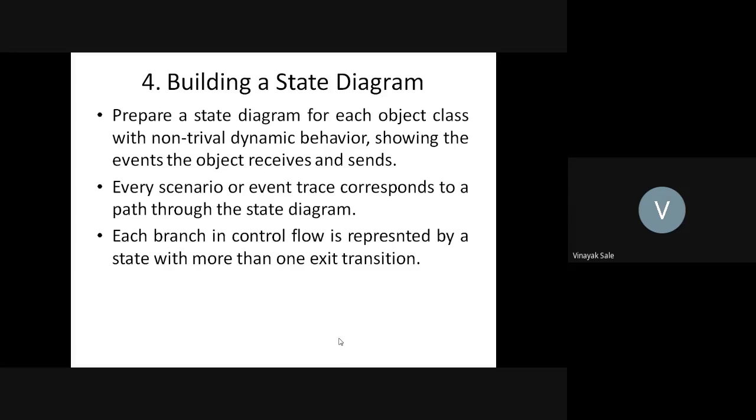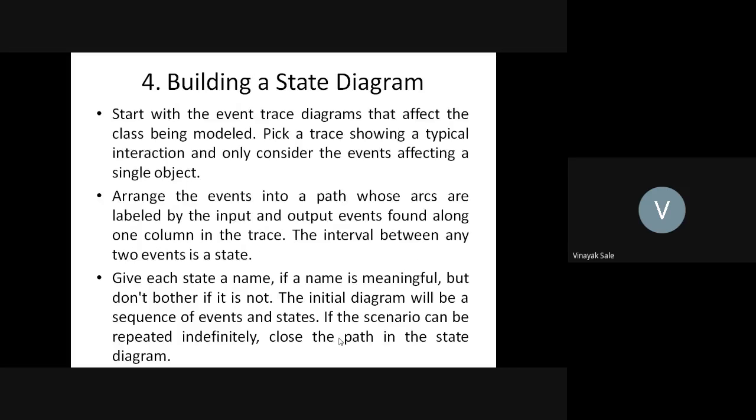Each branch in control flow is represented by a state with more than one exit transition. So start with the event trace that affects the class being modeled. Pick a trace showing a typical interaction and only consider the events affecting a single object.